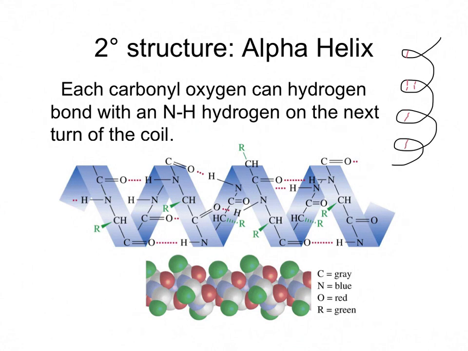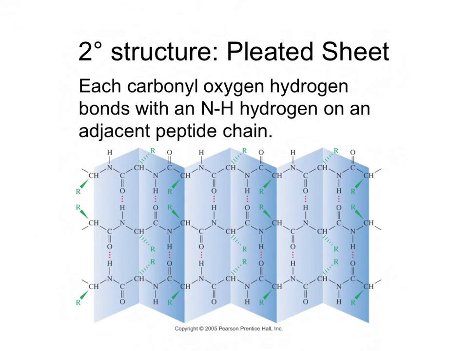So I might have an OH in one of my side chains, and the OH sees 4 molecules away a carbonyl and says, I'm just going to kind of hydrogen bond here. That's going to create a little kink in my chain fairly close up, and that's the alpha helix. They also could interact and form a beta pleated sheet.